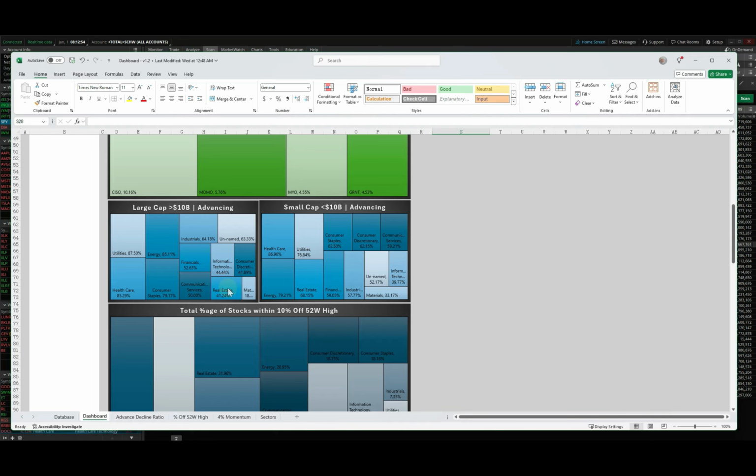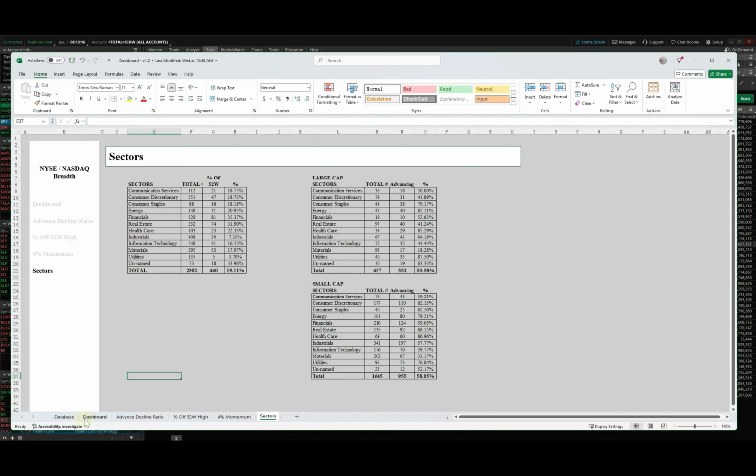Real estate here is 41%, but here it is 68%. You see the big difference. So today small cap real estate was advancing more than large cap. This is the quick representation of this data.